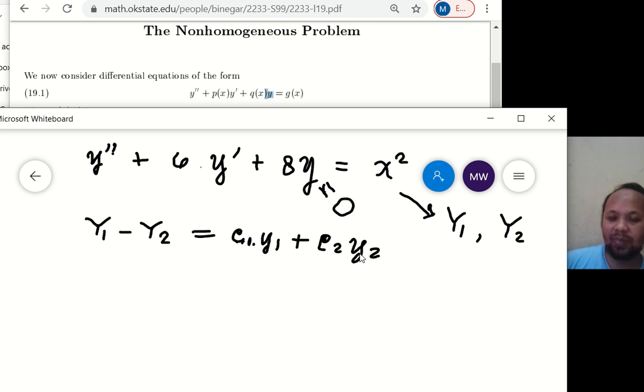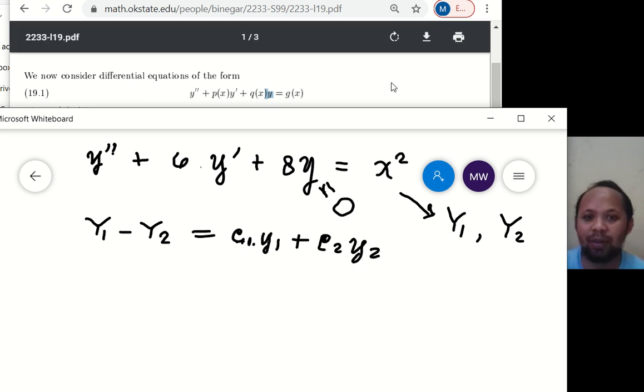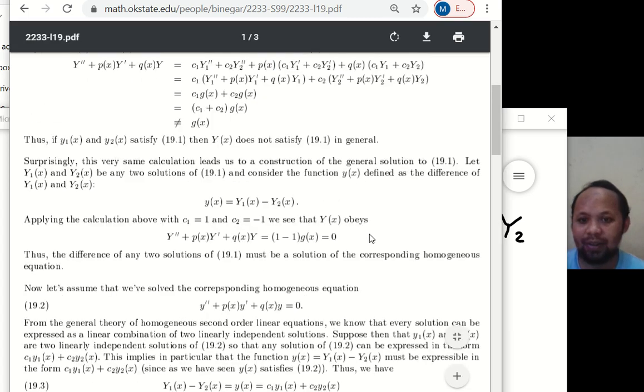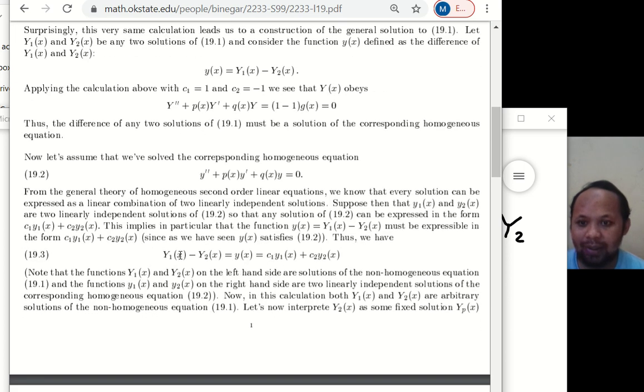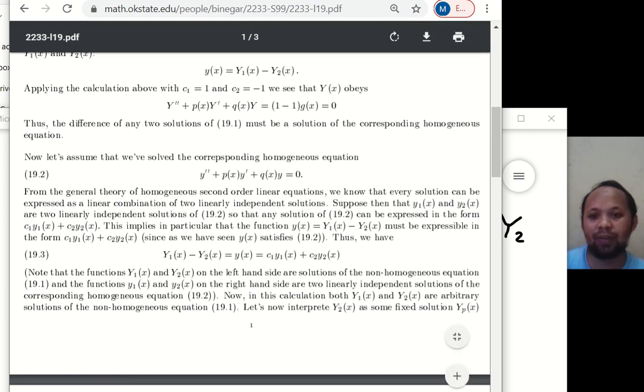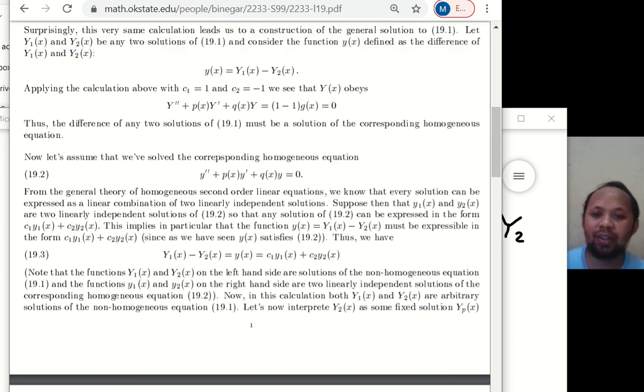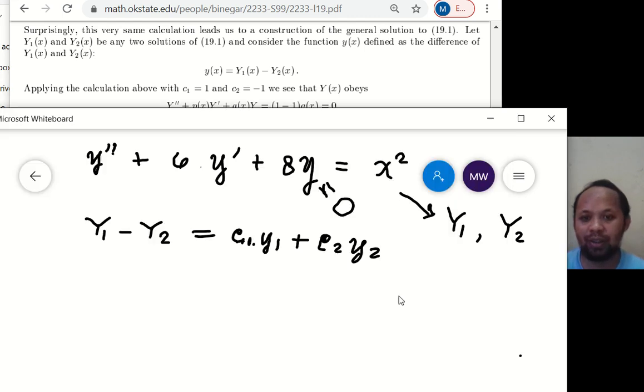Okay. So a more complete story about this result can be obtained from this PDF, as you can see here. This is the final result, that the difference between the solutions of the non-homogeneous equation will give you a solution for the corresponding homogeneous equations.